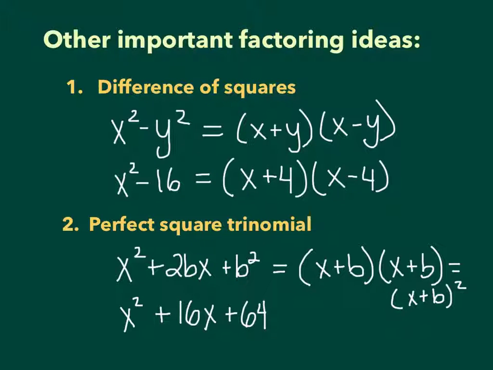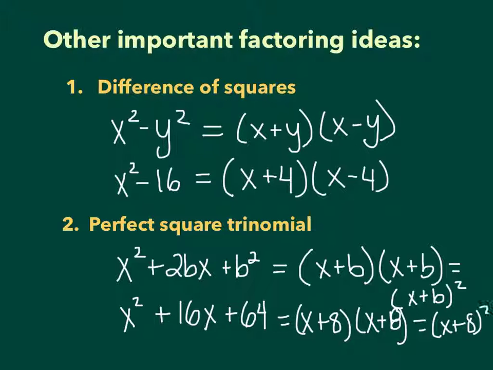And that's why it's called a perfect square trinomial. So for example, if I had x squared plus 16x plus 64, I would immediately notice that the square root of 64 is 8, and 16 divided by 2 is also 8. So that means I would have the nice factoring of x plus 8 times x plus 8, also known as x plus 8 all squared.